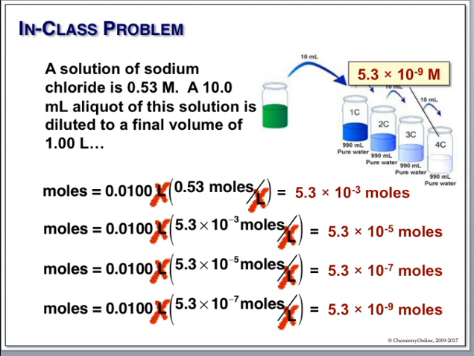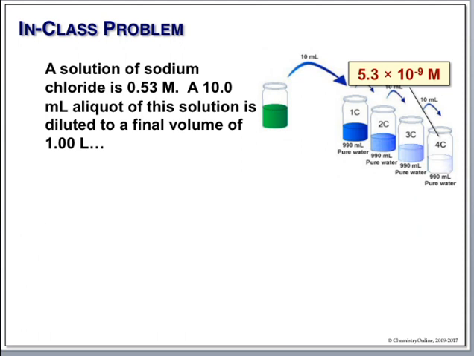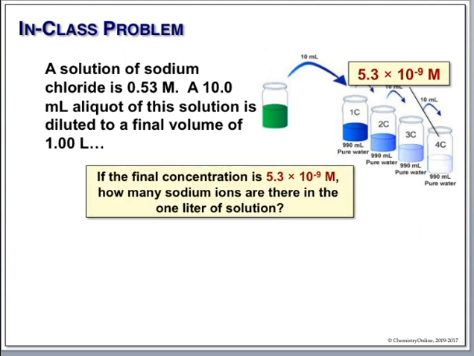Now a fun thing to do at this point is to say, how many molecules of sodium chloride do we have in this solution? In this case, I just asked about sodium ions. If we had a 10 to the minus 9 molar solution, how many sodiums do we have?